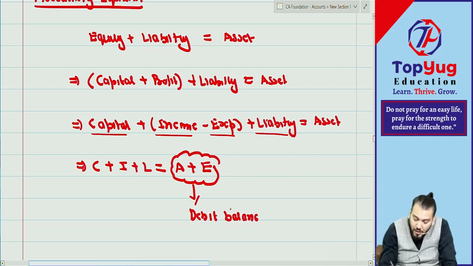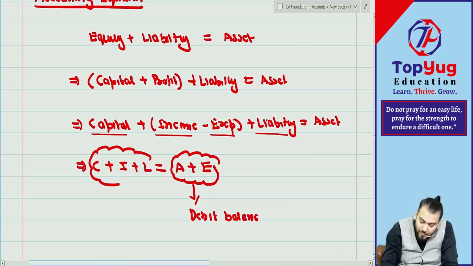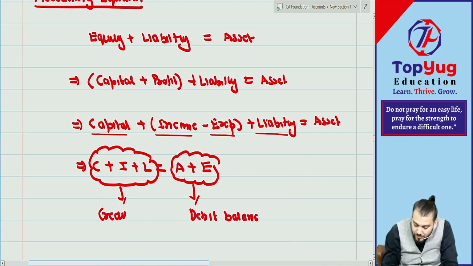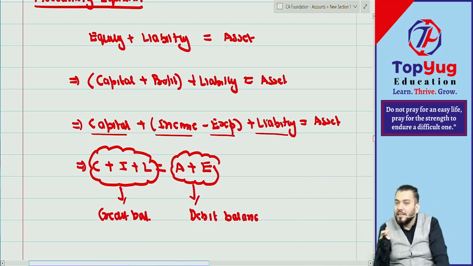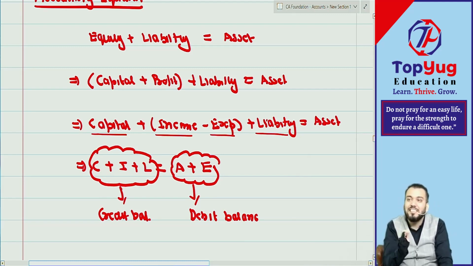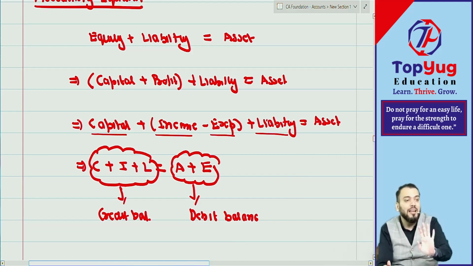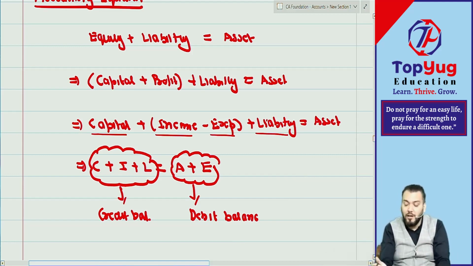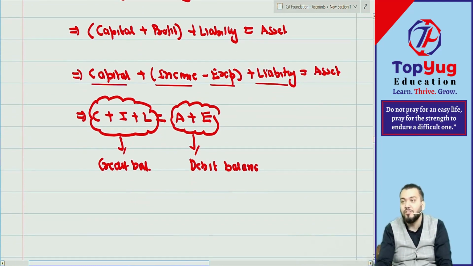Understood? And these will always have credit balance. This is the rule. Means capital, income and liability will always have credit balance, and asset and expense will always have debit balance. This is a simple rule, and from this one rule has been derived. That rule is known as the modern rules.